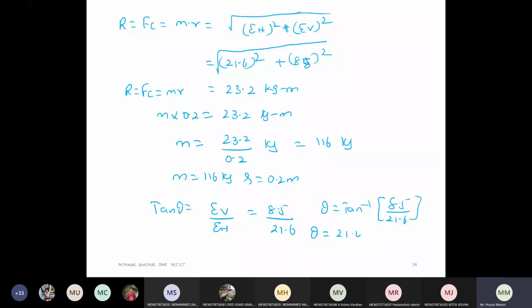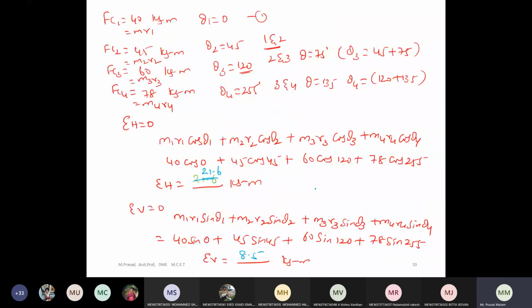Now this theta is the angle made by the resultant from the horizontal mass of 200 kg. Let me explain again here. This theta is the angle made by the resultant from the horizontal mass of 200 kg.